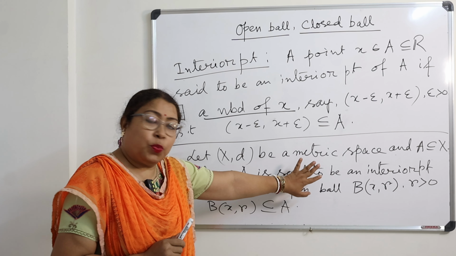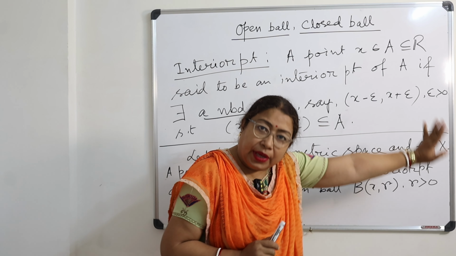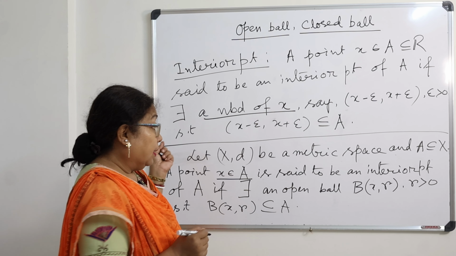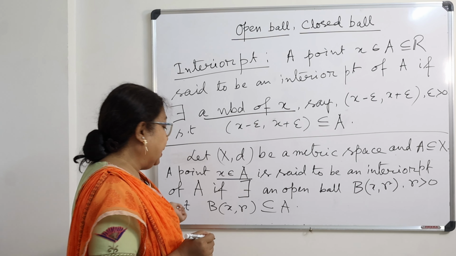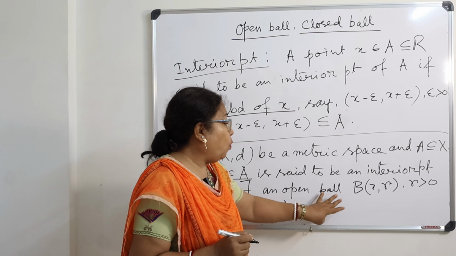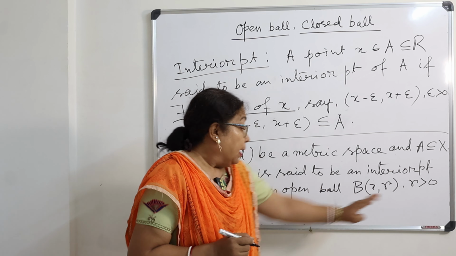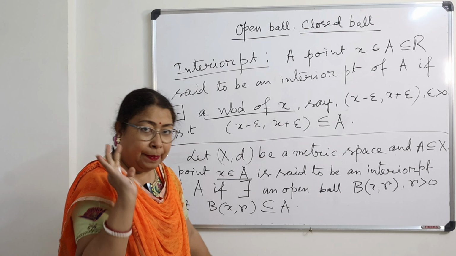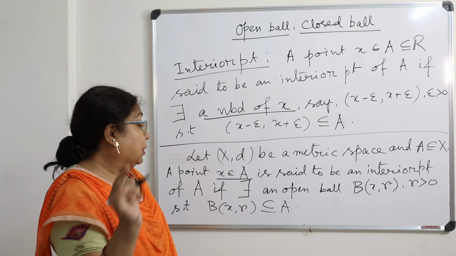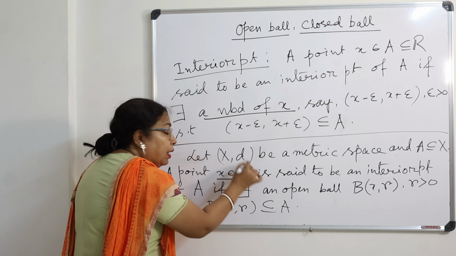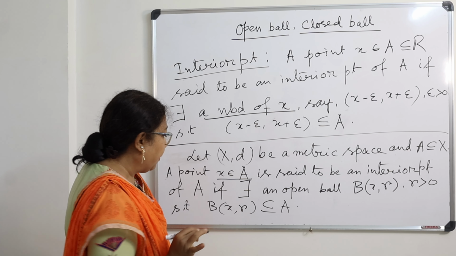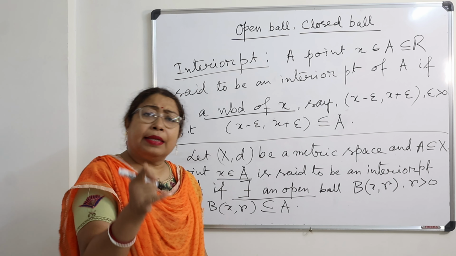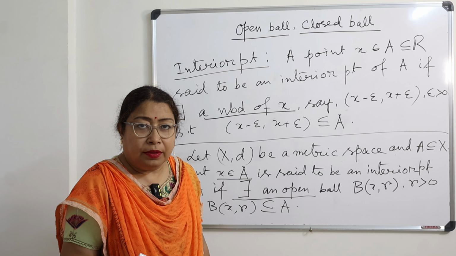Let (X, d) be a metric space and capital A a subset of X. A point x belonging to capital A is said to be an interior point of capital A if there exists an open ball B(x, r) such that the open ball lies entirely within capital A. Now, note that the point should belong to capital A for the interior point, and there exists an open ball means there exists at least one open ball.